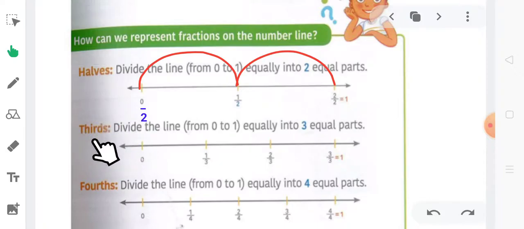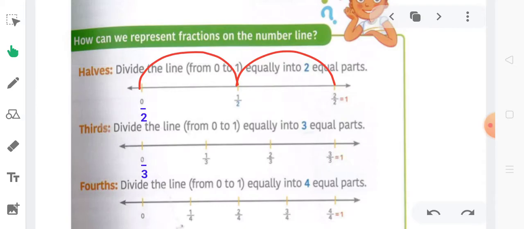I need to represent thirds. Divide the line from 0 to 1 equally into 3 equal parts. First, we make the benchmarks 0 and 1 and make them like a fraction. 0 over 3, I need thirds. So look at the denominator, thirds. Okay, we put 3 in the bottom. Then 1, we make it 3 over 3.